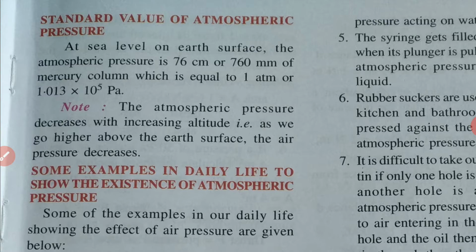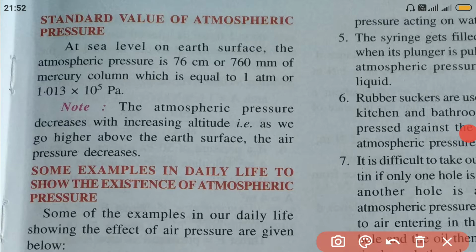But as you all know, there is another unit for pressure, which is Pascal. So at sea level on the earth's surface, the atmospheric pressure is around 76 centimeter or 760 millimeter of mercury column, which is equal to 1 atmosphere, or which is 1.013 into 10 to the power 5 Pascal. So they are generally giving us three different kinds of unit.